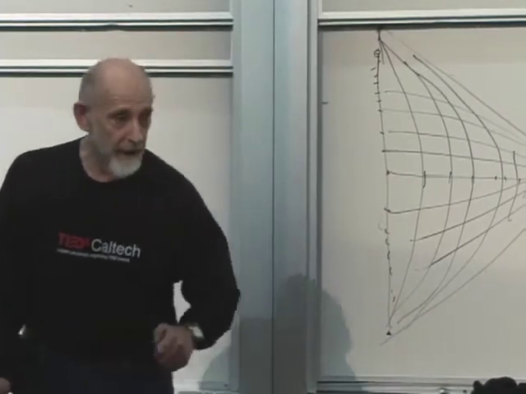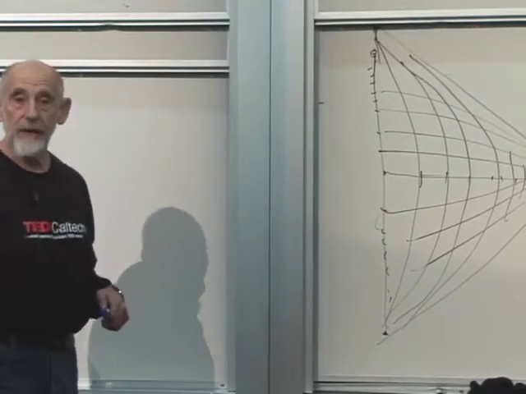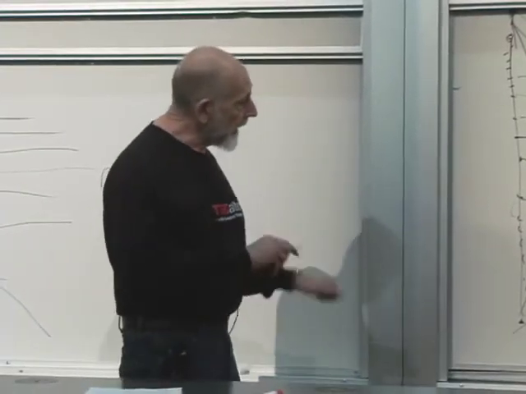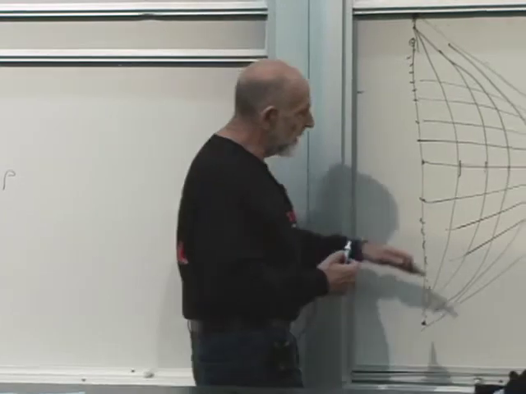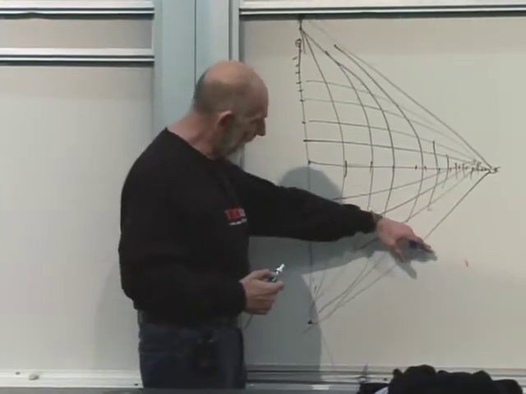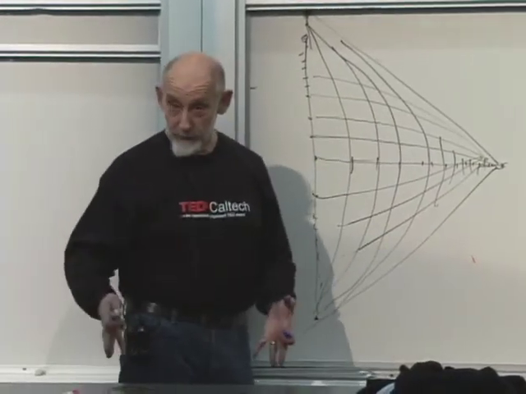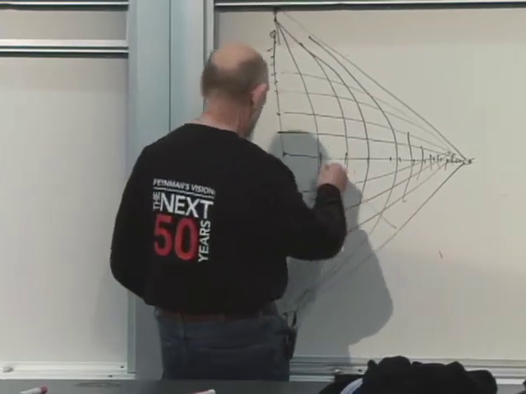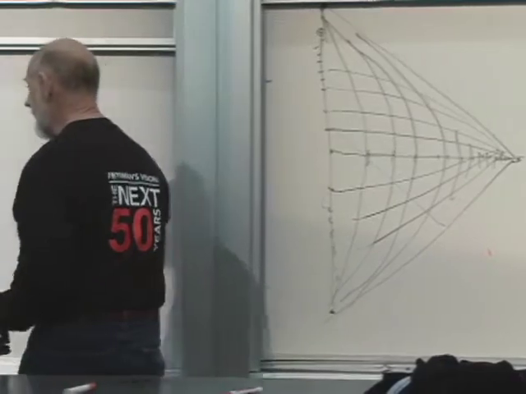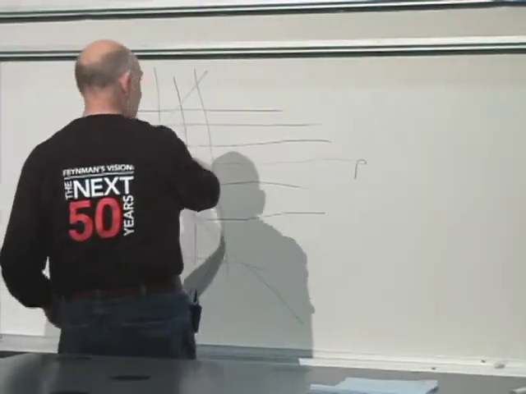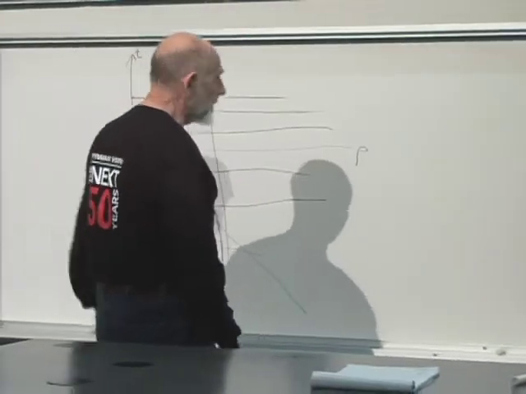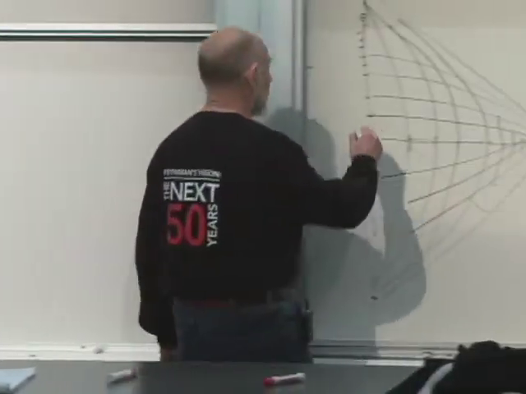Okay, what about light rays? In particular, light rays that are aimed from far away toward the origin. Light rays move on 45-degree lines. And an incoming light ray would look like that. That would be the image in this diagram of the light ray, which came in like this. It bounces off the origin and goes back out.